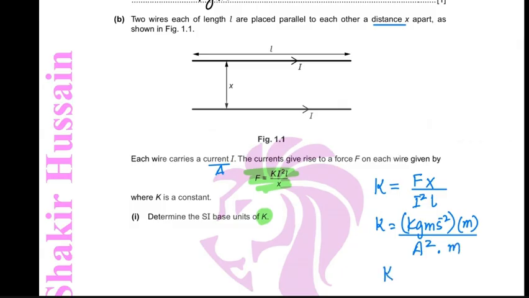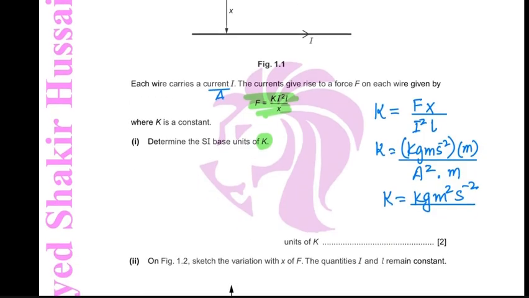K becomes equal to kg m^2 s^-2 over A squared into m.